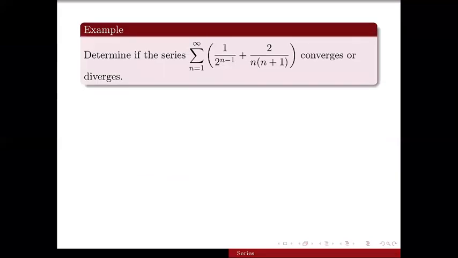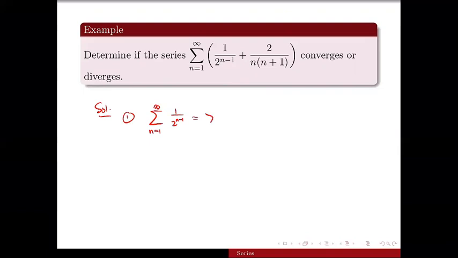Example, let's just look at this. Determine if the series, this guy here, is convergent or divergent. Okay? Let's do this separately. And then if both of them are convergent, then we will be able to find the sum. So first, let us analyze the sum of 1 over 2 to the n minus 1, from n equals 1 up to plus infinity.